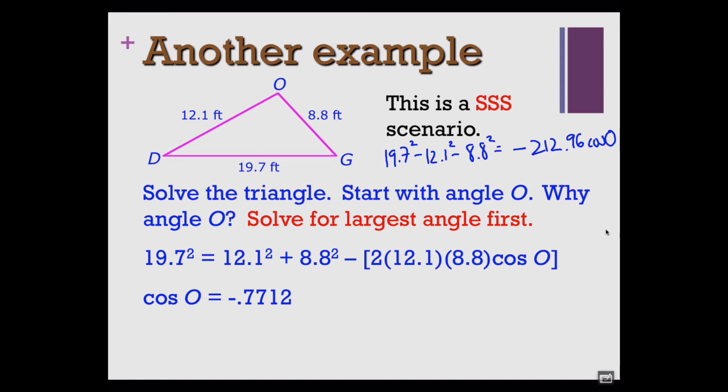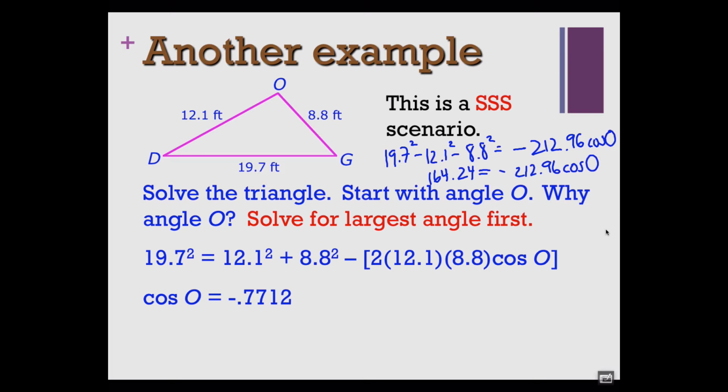Now somebody tell me what 19.7 squared minus 12.1 squared minus 8.8 squared is. 164.24. And it's positive? Yes. Where's that number coming from? This number: 19.7 squared minus 12.1 squared minus 8.8 squared. Okay, now what do I do?